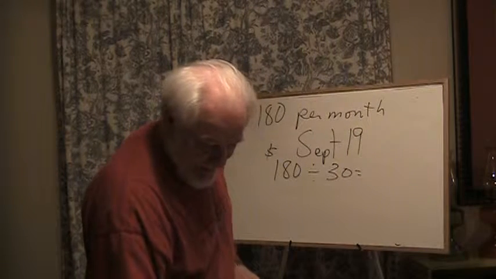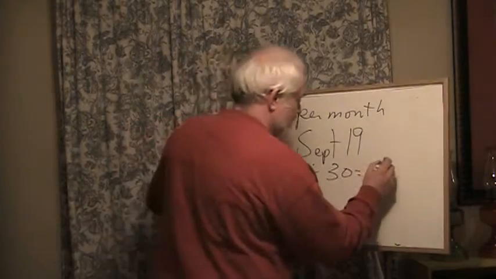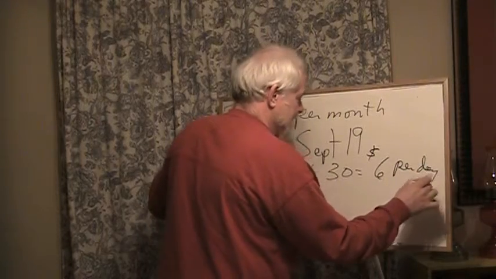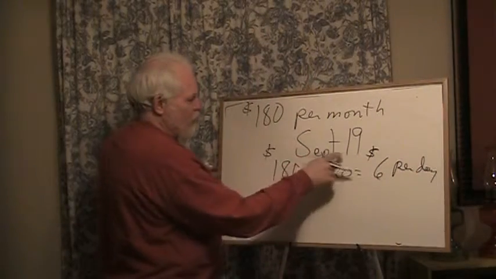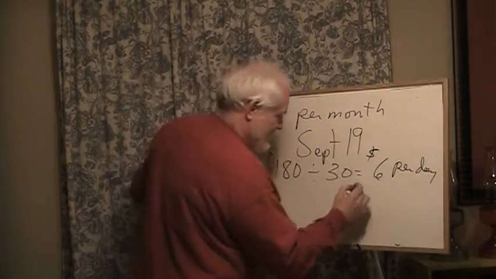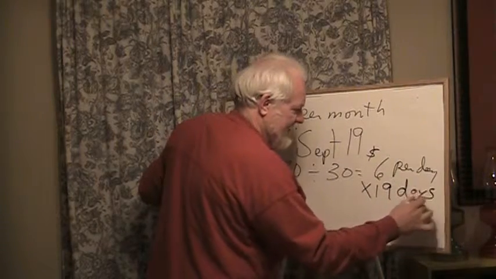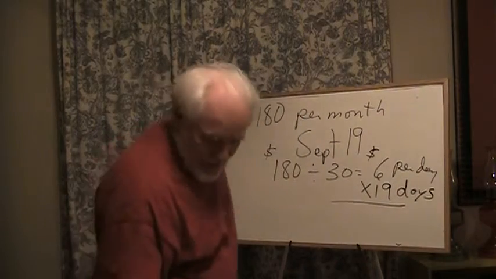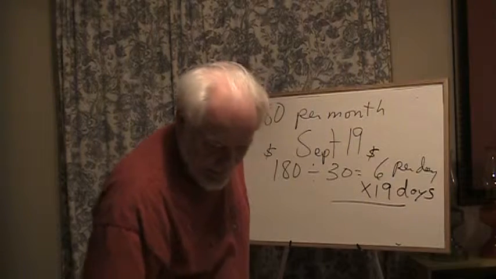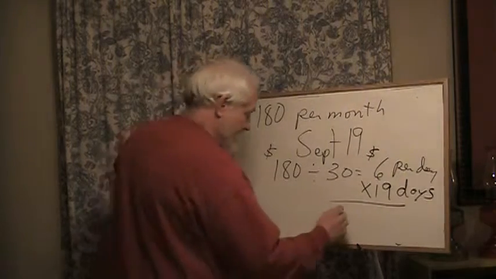$180 divided by 30 days. My calculator says it's $6 per day. Now, the seller owns the property in September 19 days. All right? $6 times 19 days is 114.